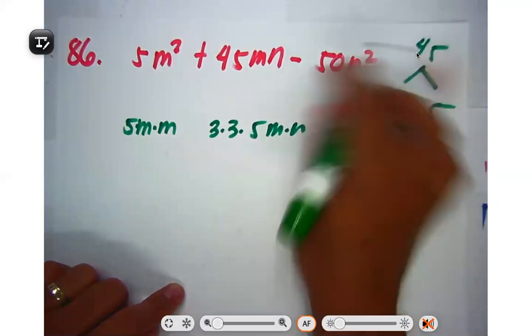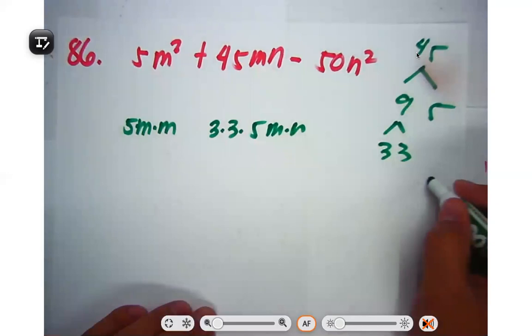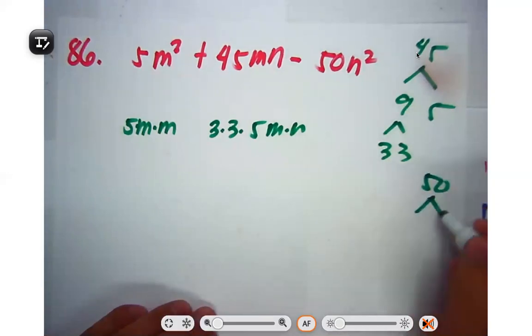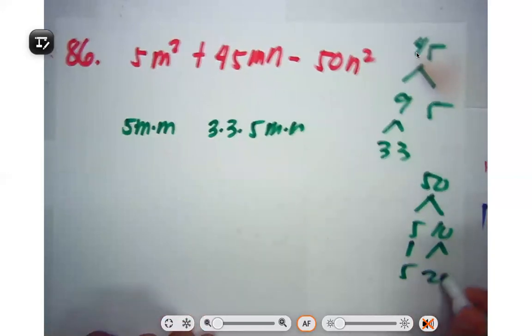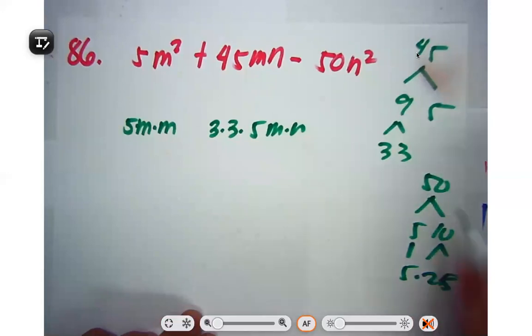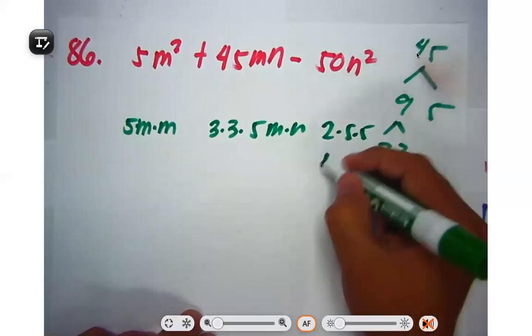And how about 50n squared? Let's look at 50. 5 is prime. Bring down. 10, you have 2 times 5. So you have 2, 5, 5, and n squared.